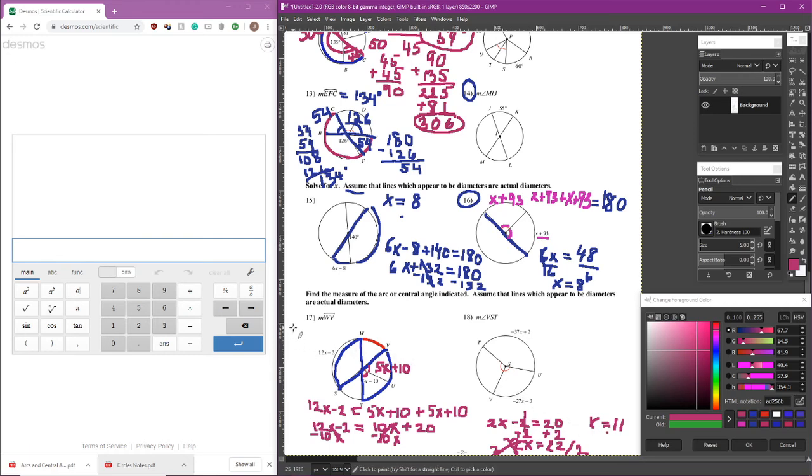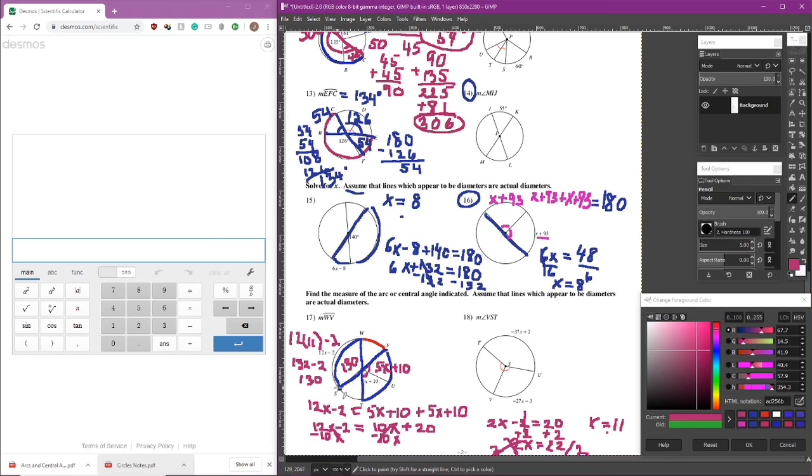So 12 times 11 minus 2. 12 times 11 is 132. And then we're going to take away 2. So we'll have 130. So now I know that from W to S is 130. I also know that from V to S, it's a diameter.